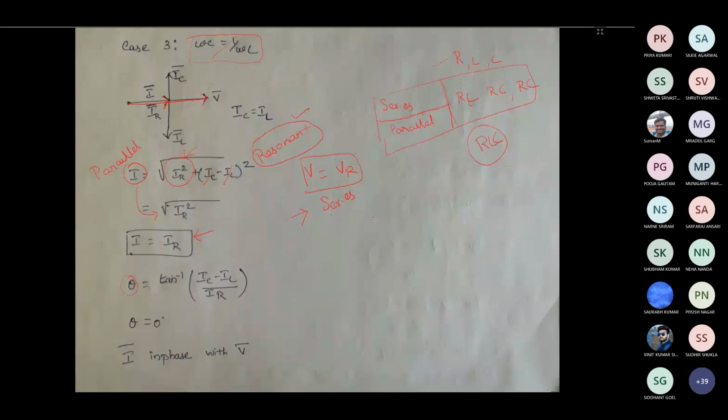I'm coming to the point. You have a socket. From that socket you are taking two wires, and from that, let's say you are using a heater. In winter you'll be having heaters.